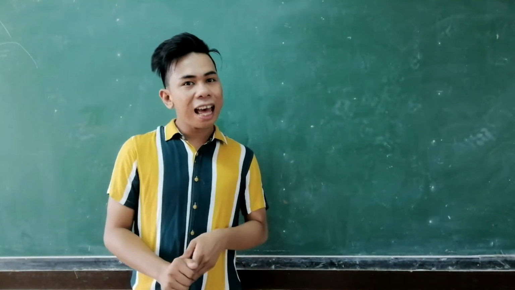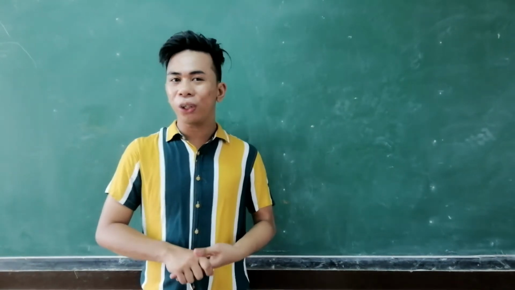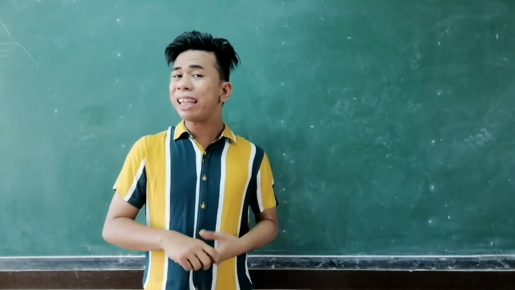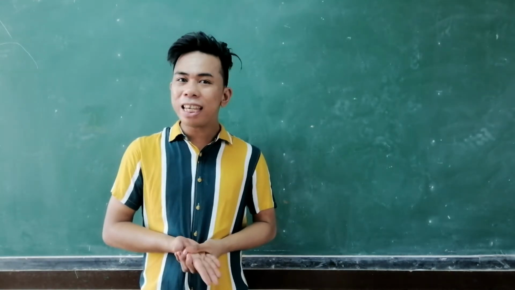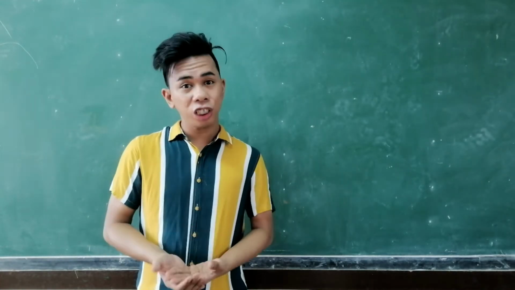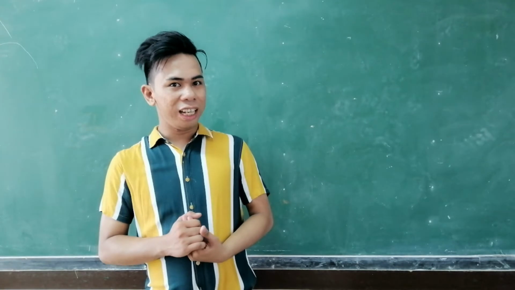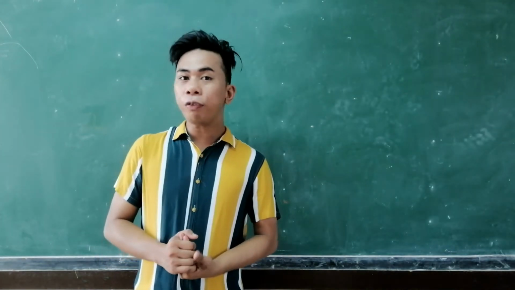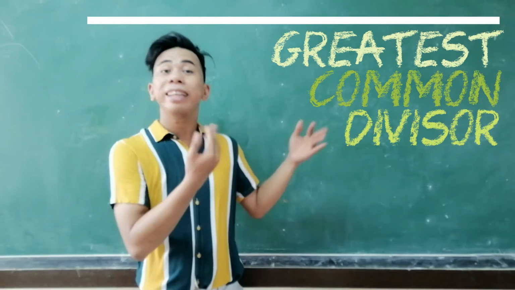So I know that you have answered it with your own opinions. And whatever answers that you have given to me are actually important in dealing with the lesson. And that leads us to our topic for today, which is all about greatest common divisor.